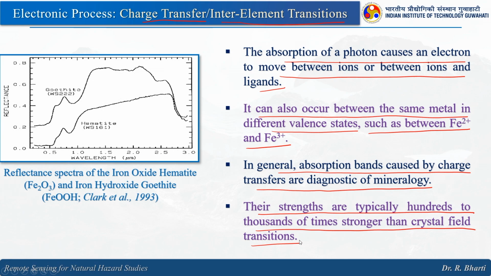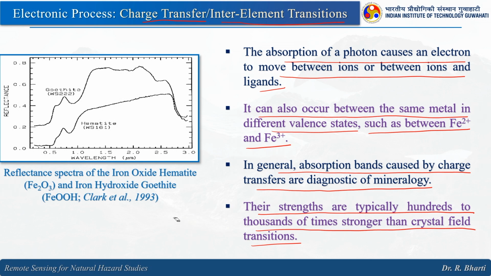Now, what do we mean by stronger here? Let us understand. We have one spectrum which has this kind of absorption feature. Now, we have another sample which has this kind of absorption feature. So, this is very strong compared to these two.